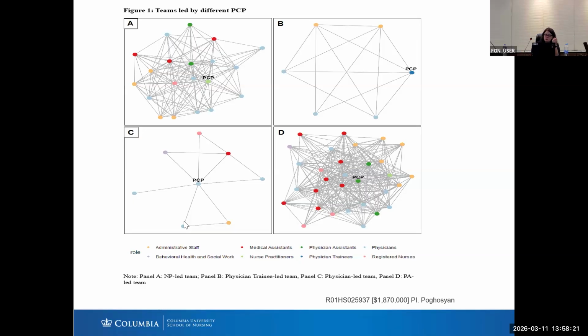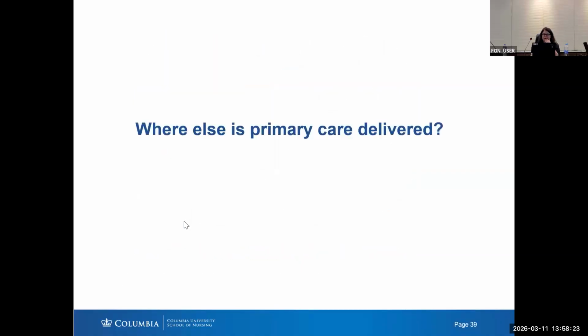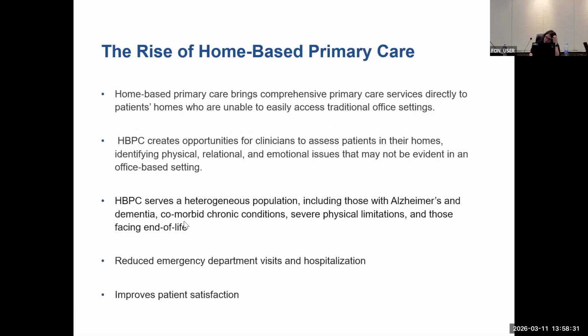The other new trend that we are noticing in the US is, where else is primary care delivered? So primary care now is being delivered at homes. There are many patients in the US who do not go to the clinics to get primary care. They're at home because they're sick, they're obese, they have dementia.